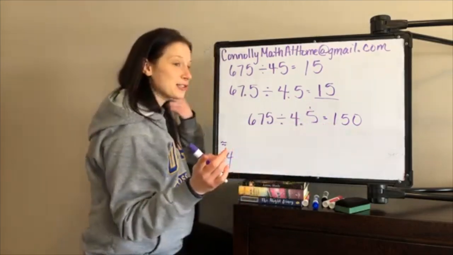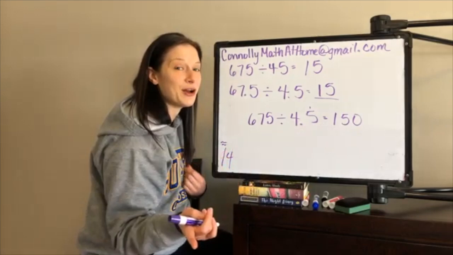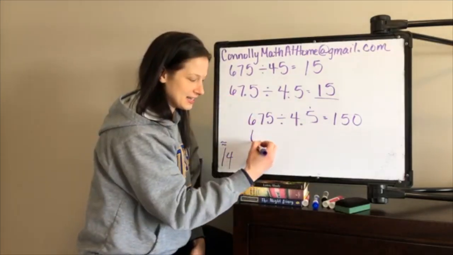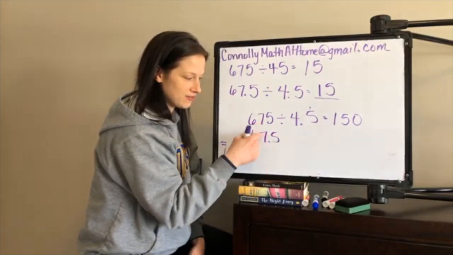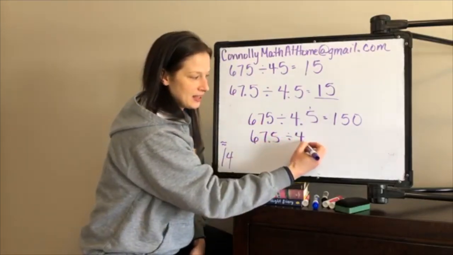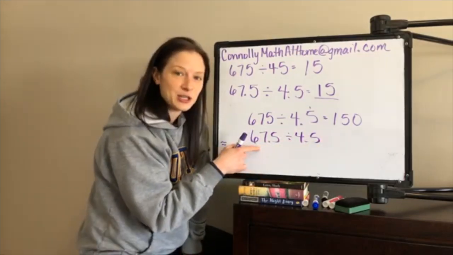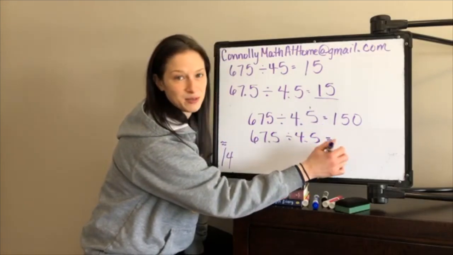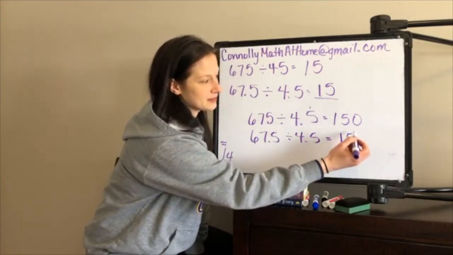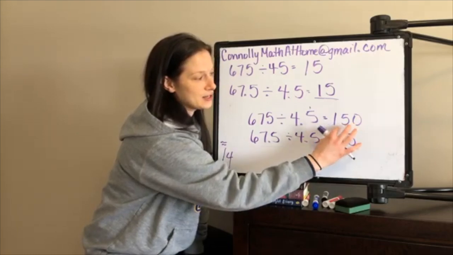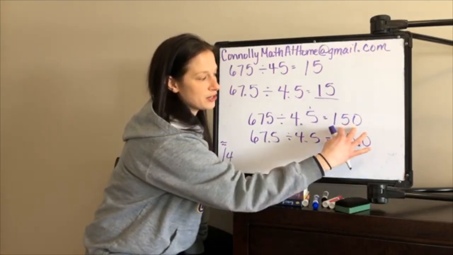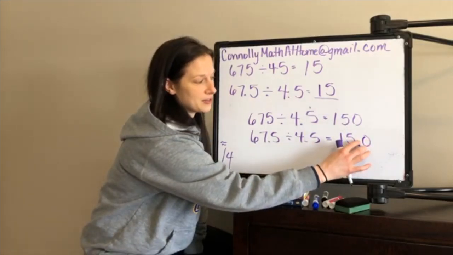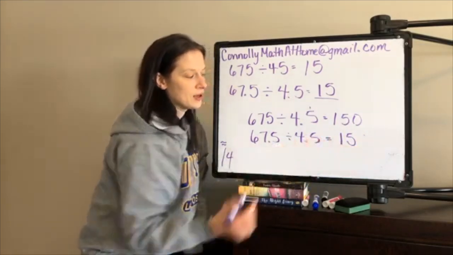But then you also learned in the next video that when your dividend gets 10 times smaller, so 675 divided by 10, that your quotient gets 10 times smaller. You put a decimal there, okay? So I'll just do it like that. So 150 divided by 10 is 15, and then you see where the decimal came in if you were thinking about it that way.